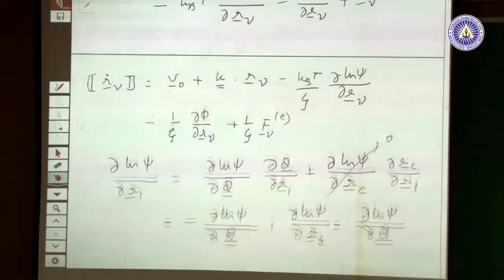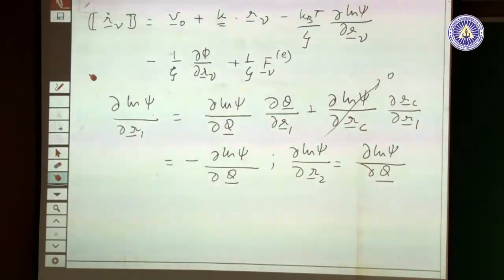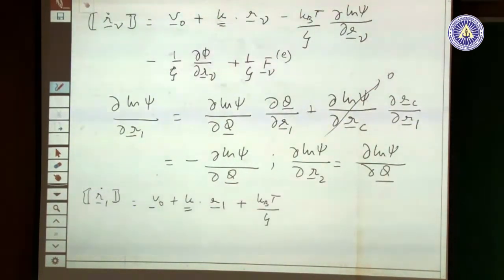Okay. So, let us now write the expression for R1 dot and R2 dot from above. So, R1 dot is equal to V naught plus kappa dotted with R1. So, this was minus, and this is minus, so it will be plus kBT over zeta del log psi over del Q, right.